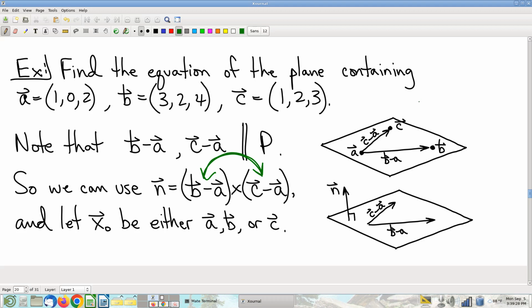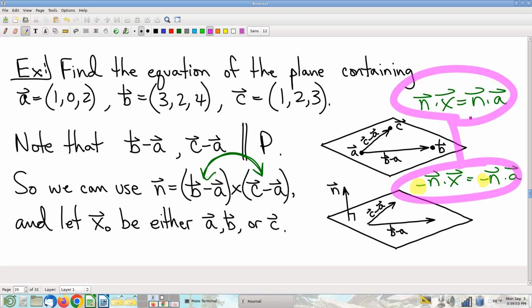So instead of writing down n dot x equals n dot a, I would instead effectively write down negative n dot x equals negative n dot a. I would get that extra minus sign, but very importantly, that extra minus sign would be on both sides. And then, neat fact, you're technically right. They are different equations, but they are still equivalent equations because you can get from one to the other just by multiplying both sides of the equation by -1. So yeah, absolutely true. You do get a different normal vector, and it also doesn't matter.